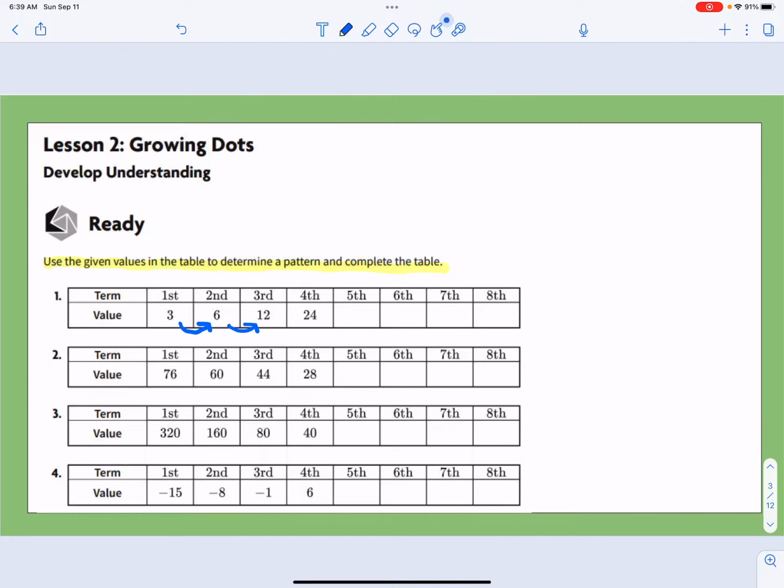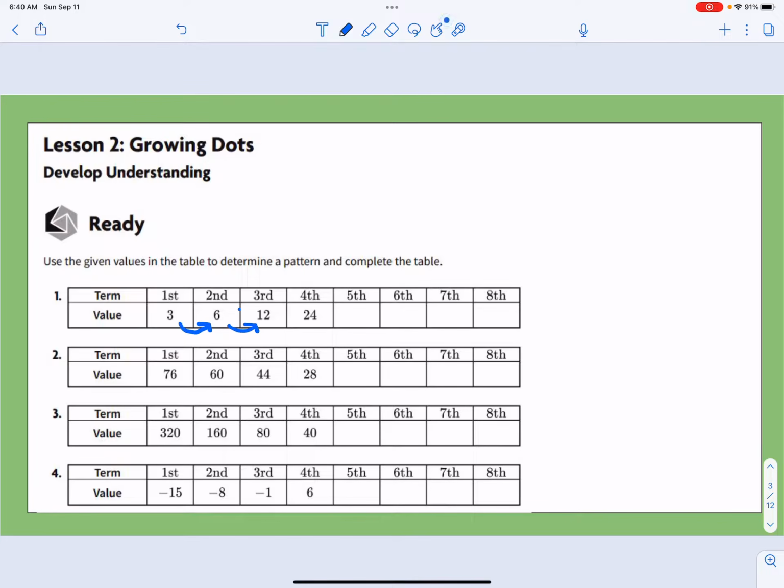Well, at first, when you look at 3 to 6, you might say something like, well, it's adding 3. Well, it could be, but is that what happens here? What is 6 plus 3? Well, 6 plus 3 is adding 6. So that's not adding 3, is it? So we know it's not adding 3 or adding 6 because that's a difference there. So we're going to get rid of those. It has to be the same thing to be a pattern.